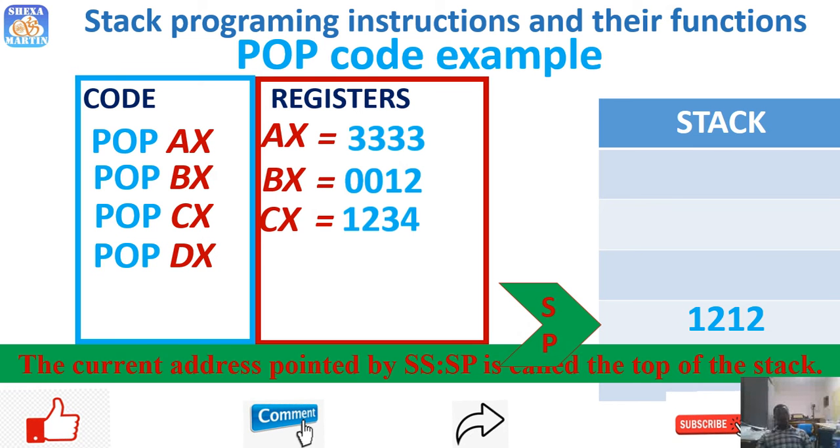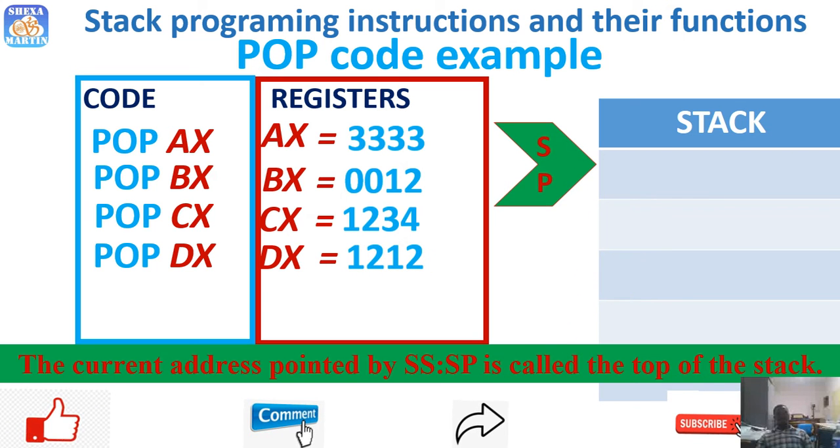Same applies with pop DX. I think it's now clear. And then our stack pointer points to nothing, which is what we still call the top of the stack. You get this? So that's the pop code example.